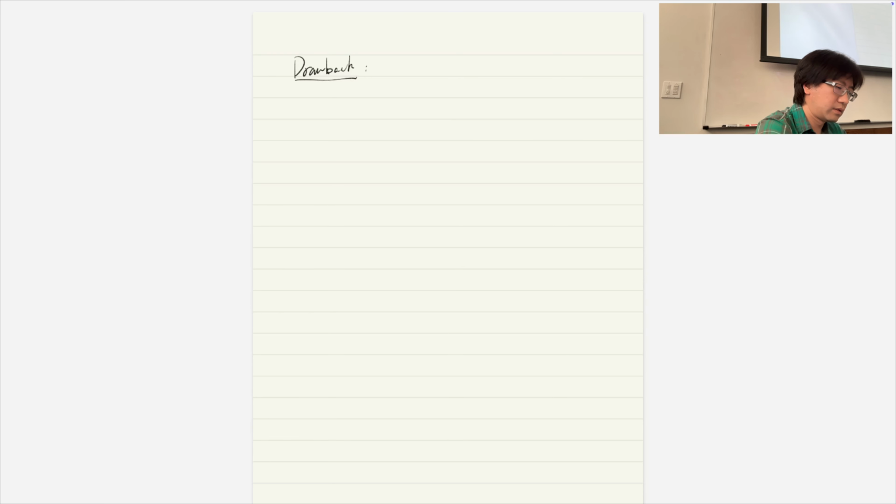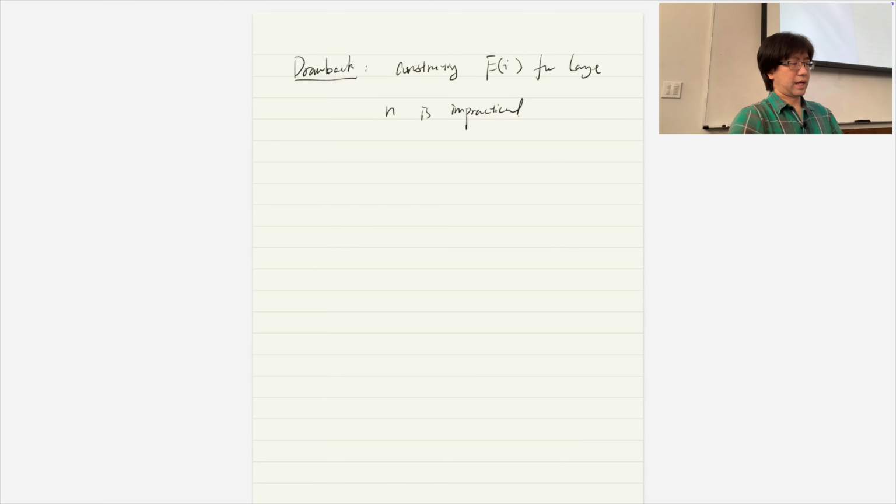So constructing or computing this for large n is impractical. At least it is impractical back then, right? Okay, then how can we solve the problem?